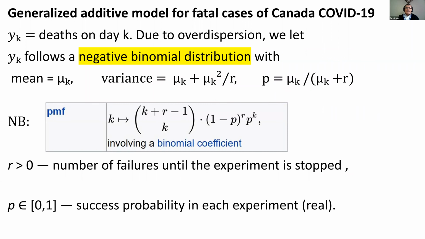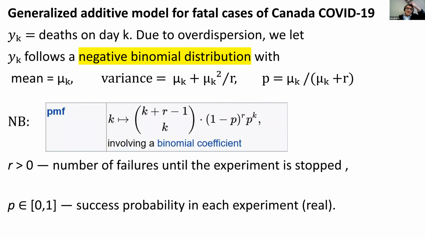As I said, in the histogram plot, due to overdispersion in the death rates, we use the negative binomial. Suppose y_k is the deaths on day k, and let y follow a negative binomial distribution with mean mu_k and variance mu_k plus mu_k squared divided by r.